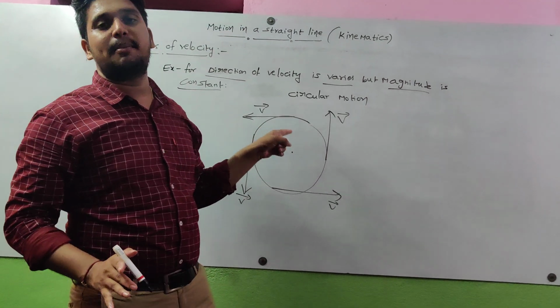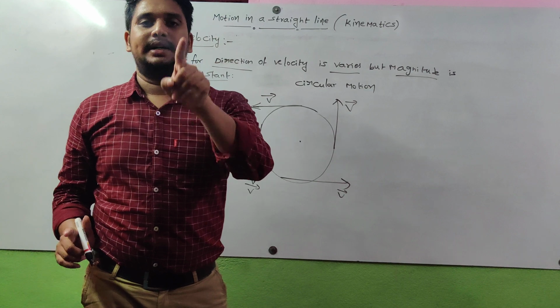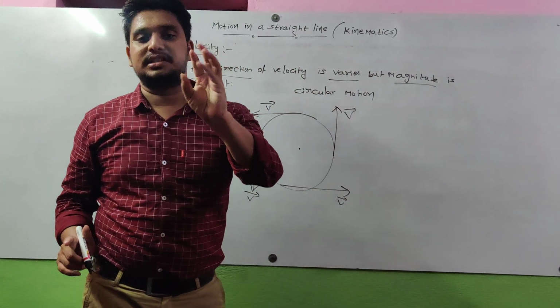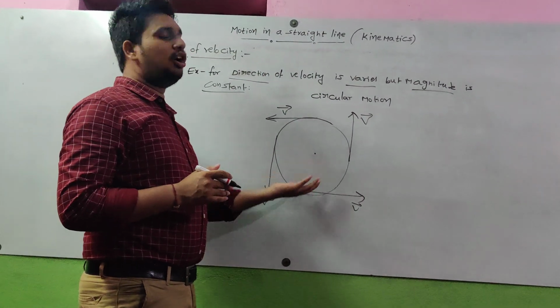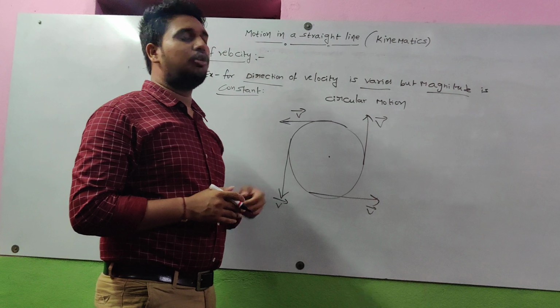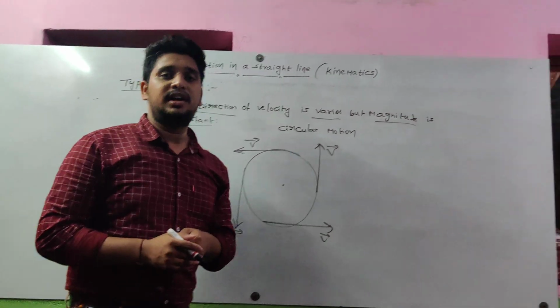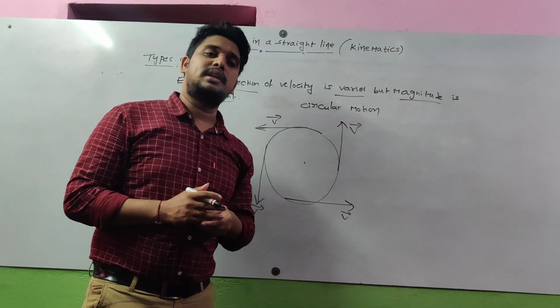This is the best example of non-uniform velocity, because the direction of velocity changes continuously, but the magnitude is constant.